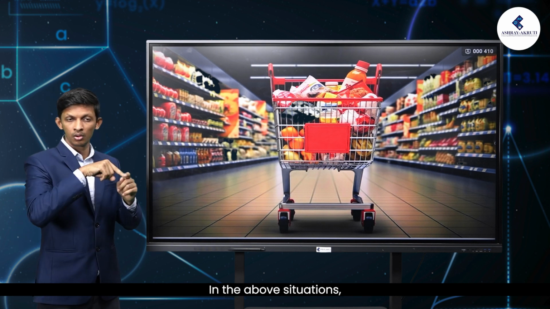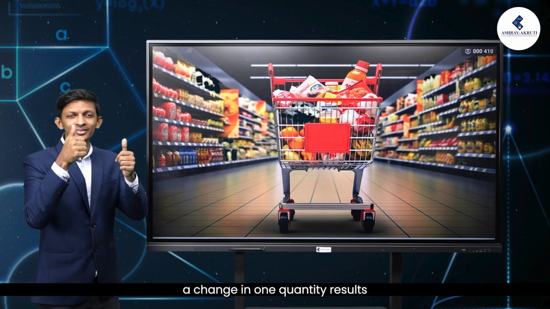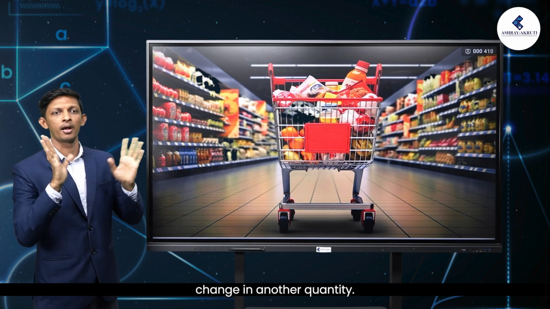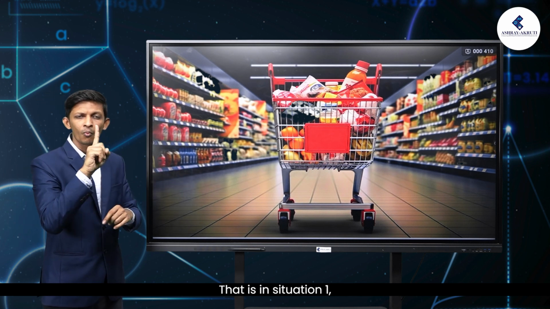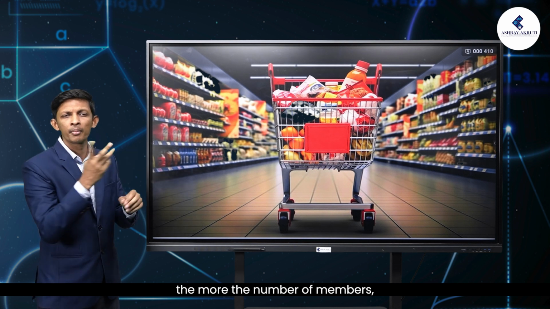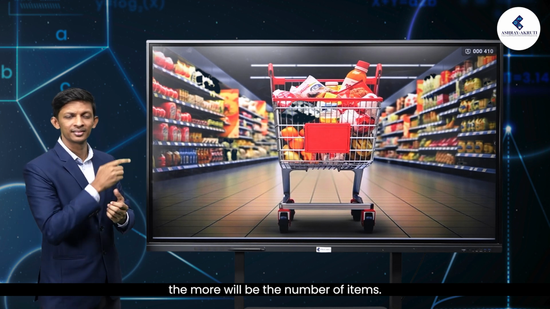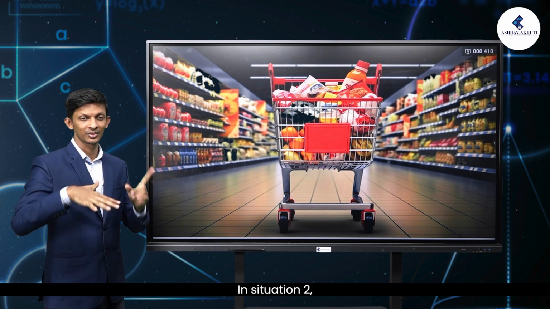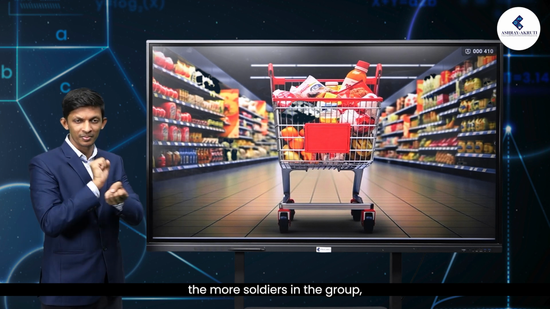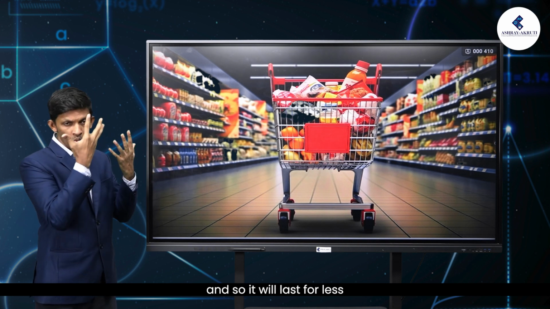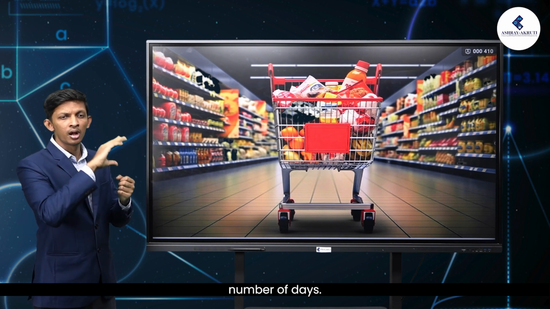In the above situations, a change in one quantity results in the corresponding change in another quantity. That is, in situation 1, the more the number of members, the more will be the number of items. In situation 2, the more soldiers in the group, the grocery needed will be more, and so it will last for less number of days.